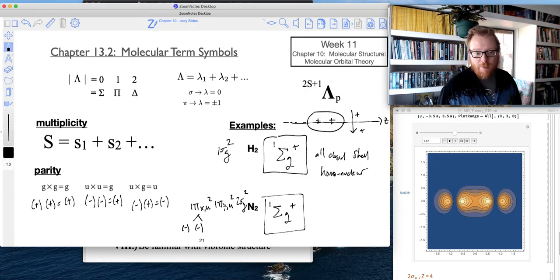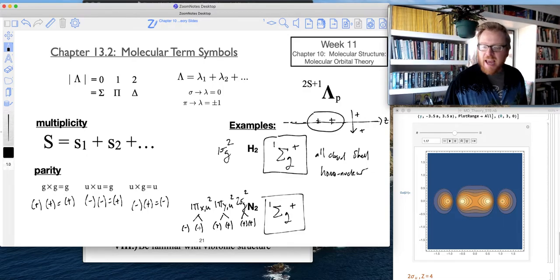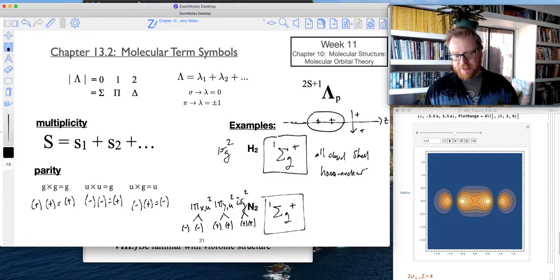Now what about the 1 pi y? Well, we define both of those as positive terms. And then, of course, the 2 sigma electrons are also both positive terms. So a negative times a negative gives me a positive, and there's positive symmetry operations the whole way through. So indeed, N2, 1 sigma g plus is a closed shell homonuclear diatom.